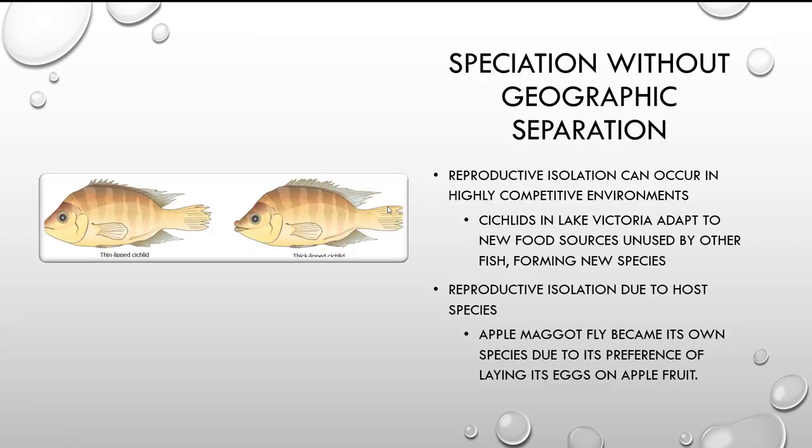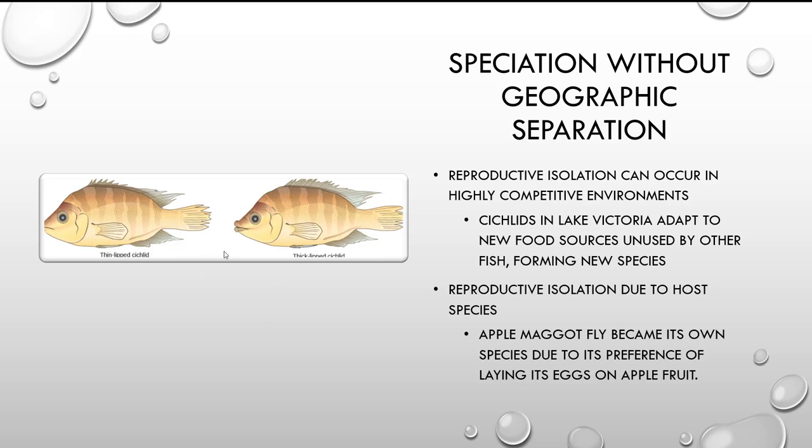Now we can have sympatric speciation occurring with animals. An example of that could occur in highly competitive environments. We can see some reproductive isolation taking place. An example would be the cichlids in Lake Victoria. There are over 400 species of cichlids in just this one lake in Africa.